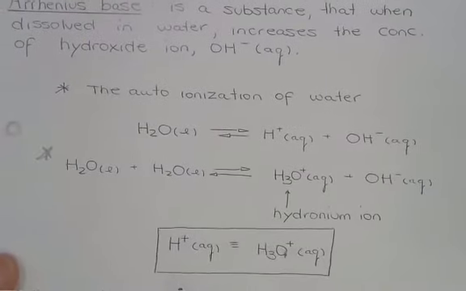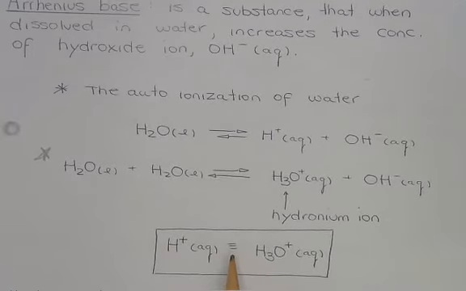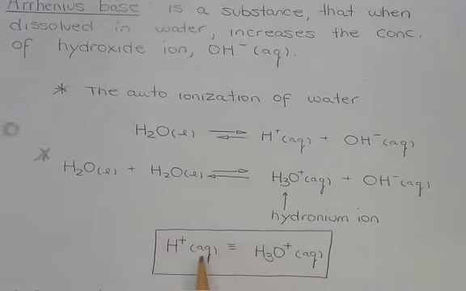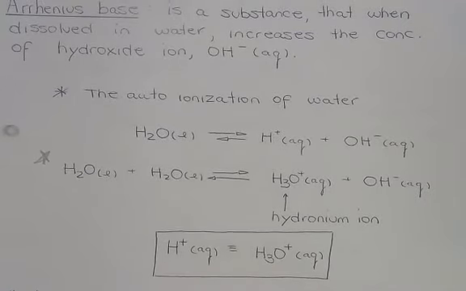And again, for us, we're going to view these things as totally equivalent. The H plus ion really is an H3O plus ion because it's just grabbing onto the closest water that it can find. Okay, and it'll always find one. There's plenty of water around in water.